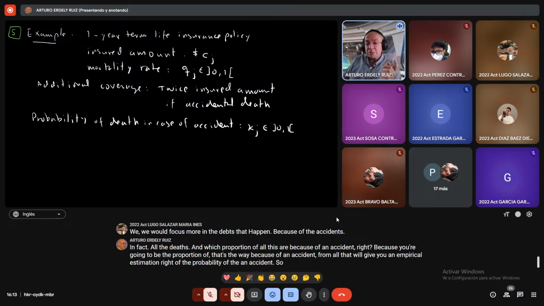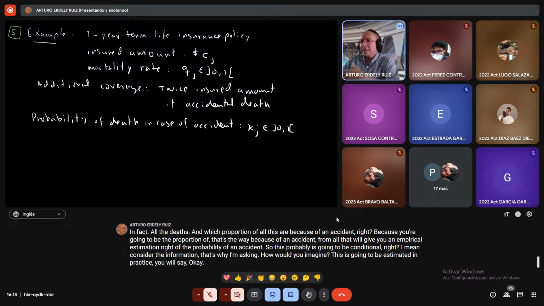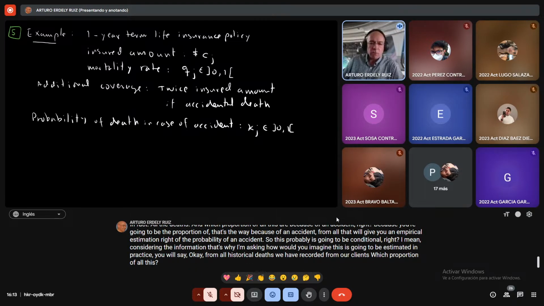So this probability is going to be conditional, right? I mean, considering the information, that's why I'm asking how would you imagine this is going to be estimated in practice? You will say, okay, from all historical deaths that we have recorded from our clients, which proportion of all deaths were because of an accident? So what's going to be the probability of an accident given death?